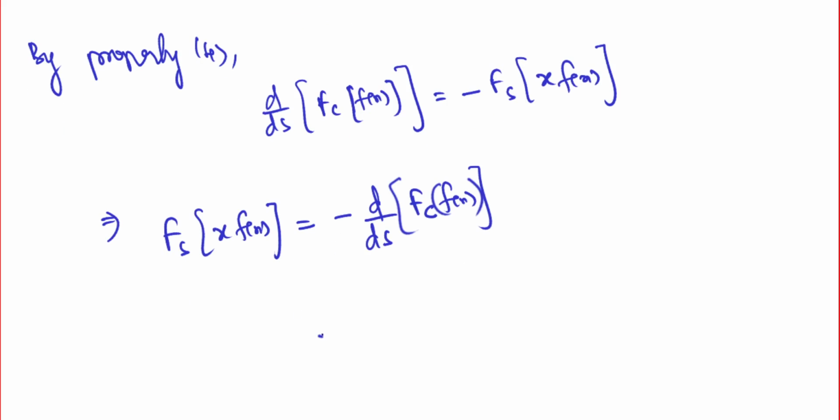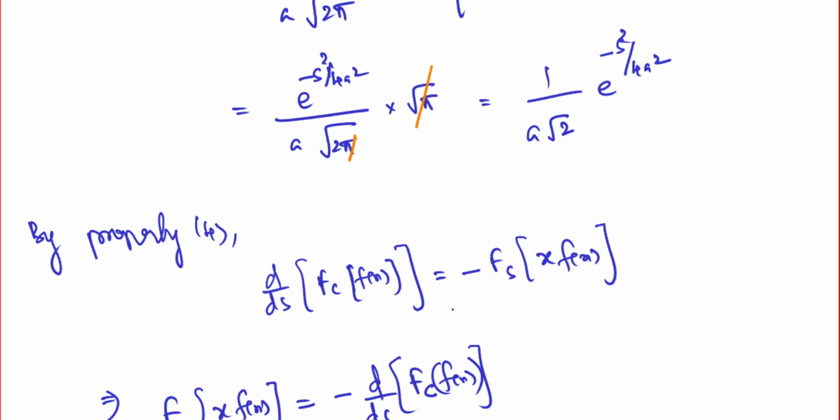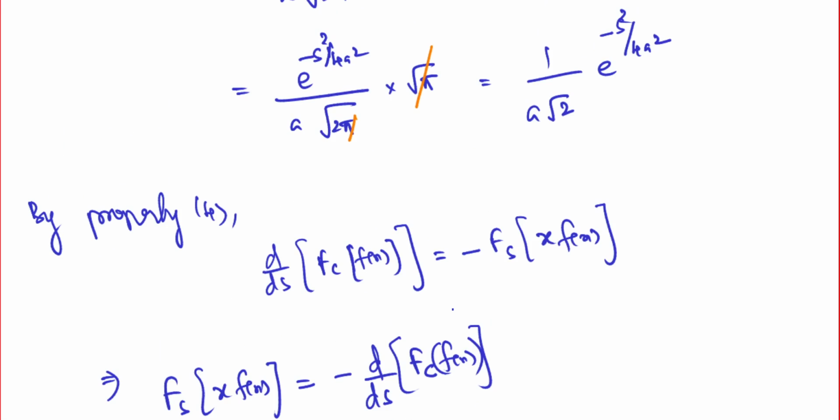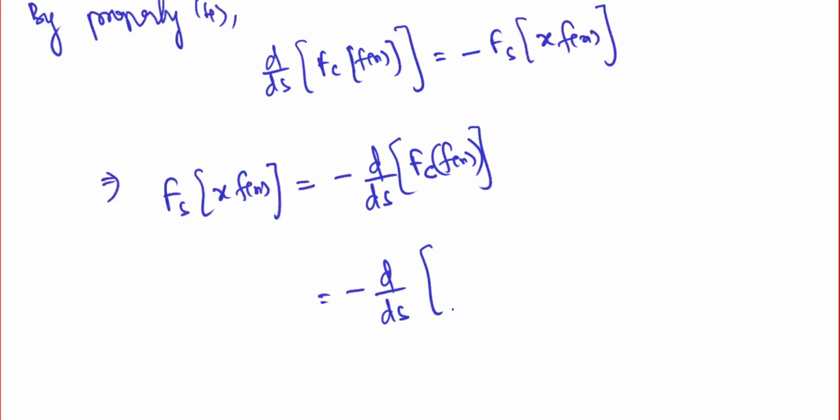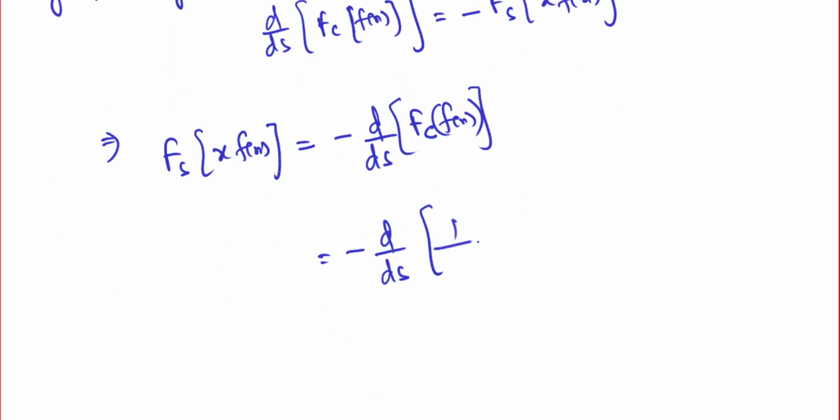Therefore, this is going to be equal to minus d by ds of the Fourier cosine transform, which is this, right? So 1 by a root 2 into e to the power minus s square by 4a square.